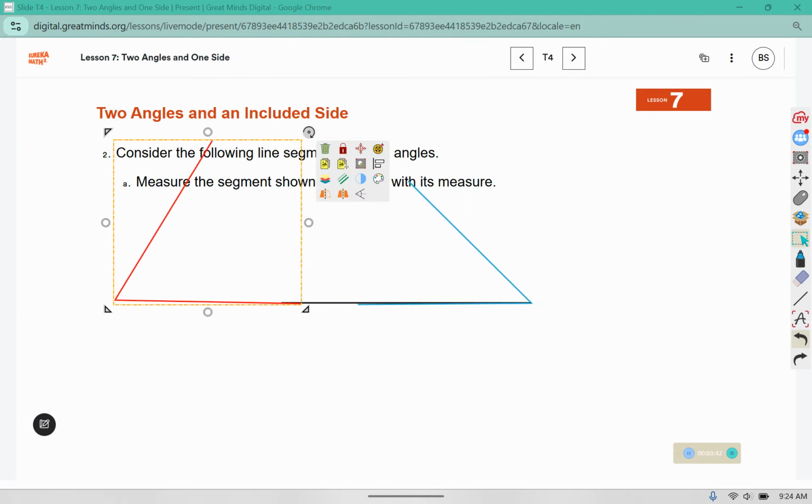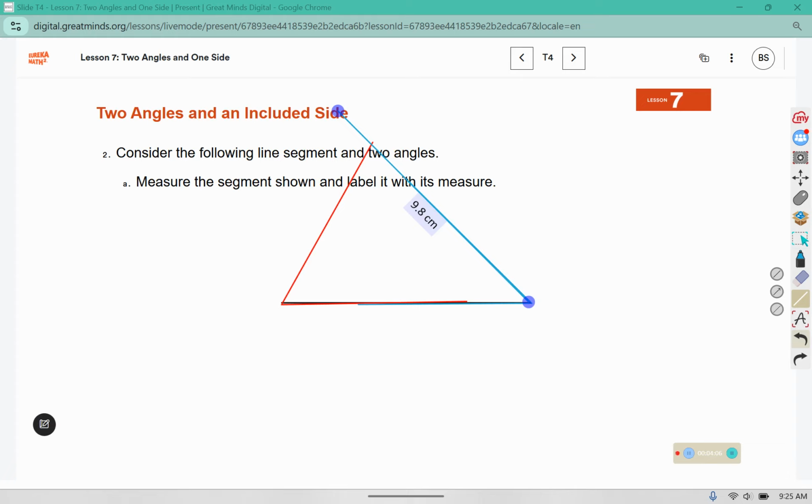And then I can continue this line out from here, following that same angle, and you'll see that eventually it will intersect. So yes, we are able to create a triangle with these 3 conditions. This phrase, included side, means that the side is in between the 2 angles.